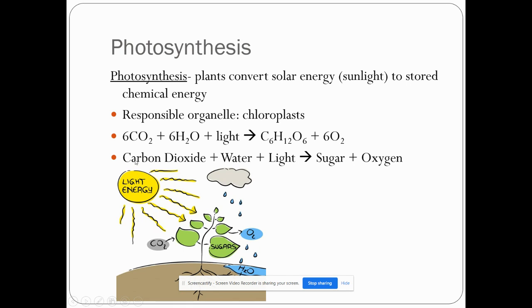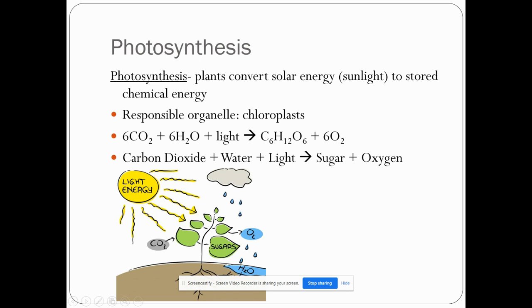And plants also take in carbon dioxide. Okay, now if we look at those separately, water, every student knows the formula for water, right? H2O. Most of you should know the formula for carbon dioxide, CO2. And light, we just say light, okay?